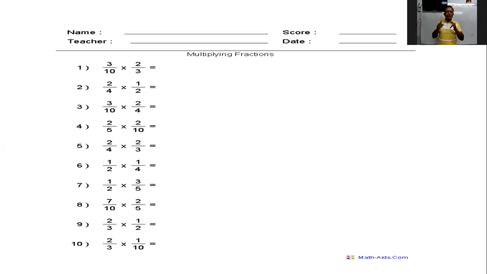This time, I don't require you, grade 5, to reduce. I know some of you are still a little bit confused, not very sure about how to reduce the answer, so I want you to just multiply the numerator with the numerator and denominator to denominator. Now, if someone will give the simplest form, that's great.